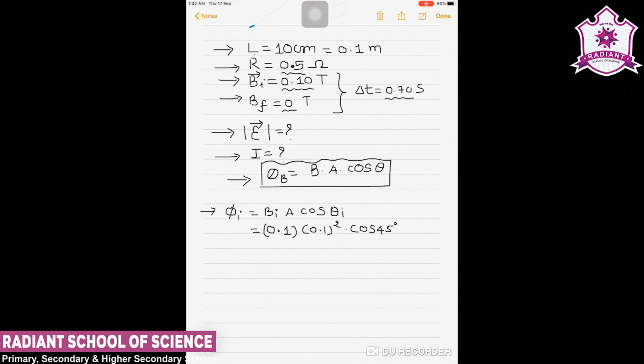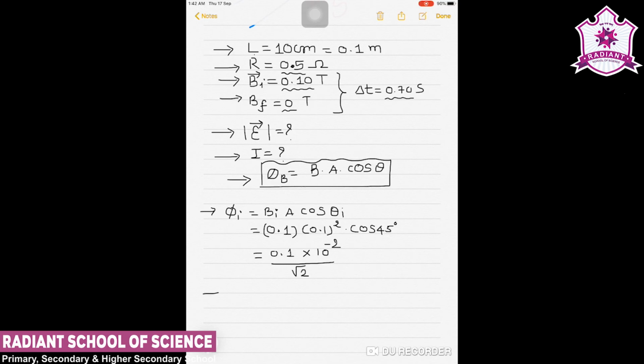So now by using this we can say this will be about 0.1 into 10 raised to minus 2. Here 0.1 square becomes 10 raised to minus 2, and cos 45 is 1 by root 2, that means root 2 will be in the denominator.